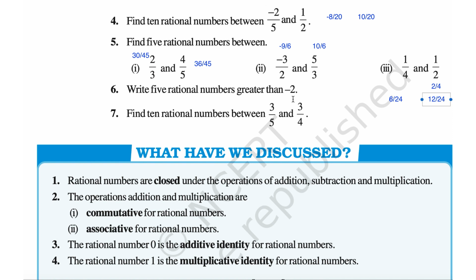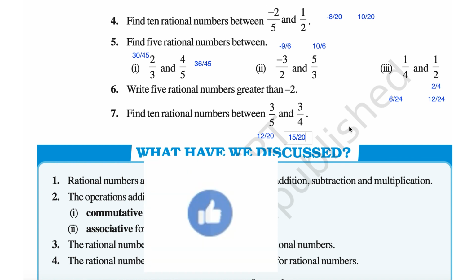Find 10 rational numbers between 3 by 5 and 3 by 4. First make the denominators equal, then you can find. This becomes 12 by 20, multiplying by 4. Here, multiplying by 5, 15 by 20. Now the denominators are equal. How many do you need?